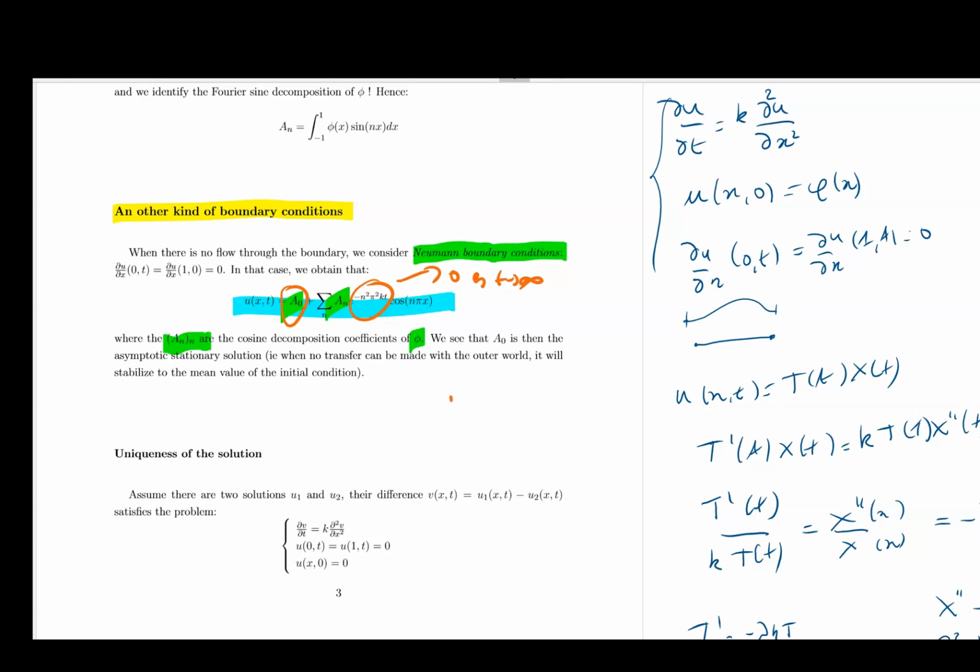Okay, so you started with some phi, and then you're going to stabilize because you want zero flux here. So it's just going to stabilize around the mean value of your initial condition, right? Around the mean value of this initial condition. Okay.